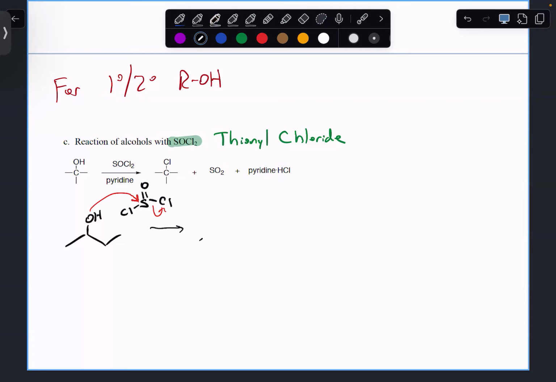And this mechanism is going to be very, very similar to the one we just saw. The oxygen attacks the sulfur, and that kicks out a chloride. The pyridine, as we've seen, is just going to act as base.